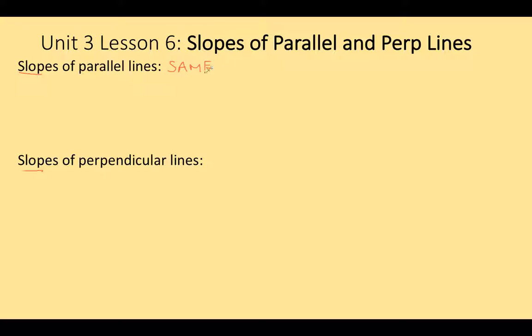If I were to take a look at two equations, y equals 2/3 x plus 1 and y equals 2/3 x minus 5, I would be able to tell right away, without even graphing them, that they're going to be parallel because the slopes are both 2/3.